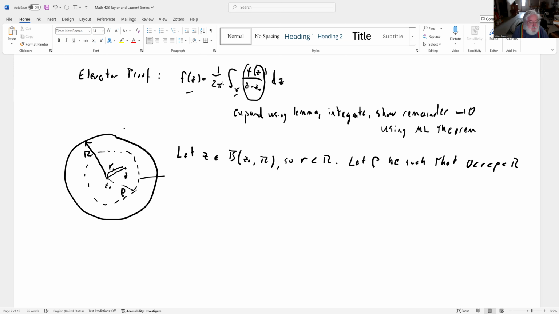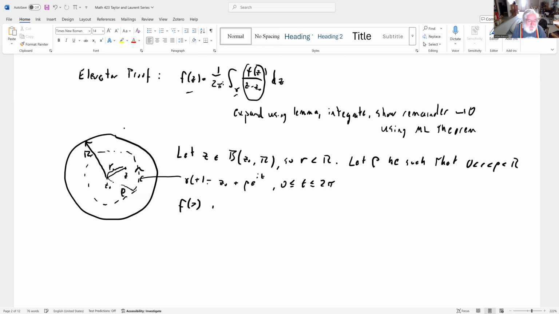We'll call this circle gamma of t, equal to z0 plus rho e to the it, 0 less than or equal to t less than or equal to 2 pi, and we're going around it like that, so that z0 is on the left.